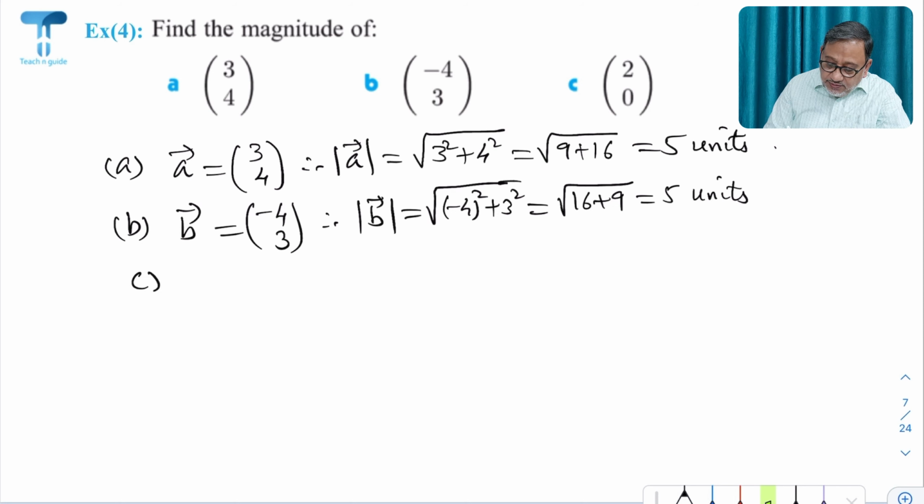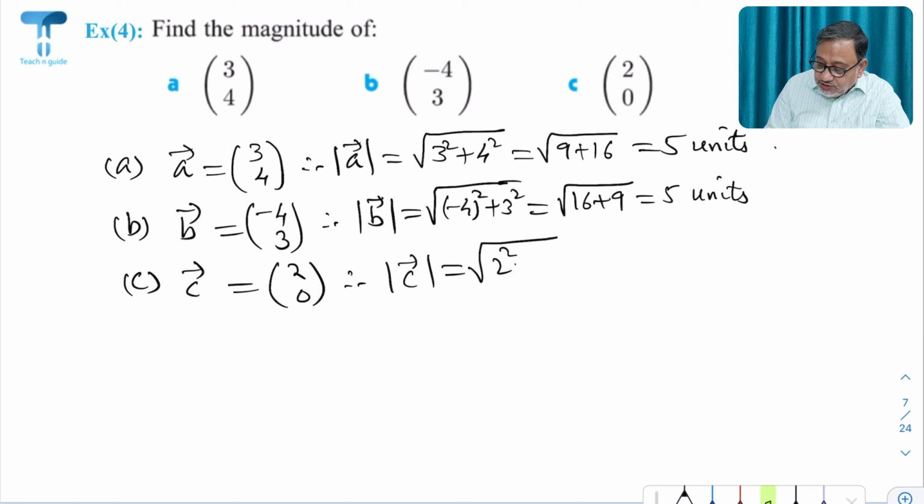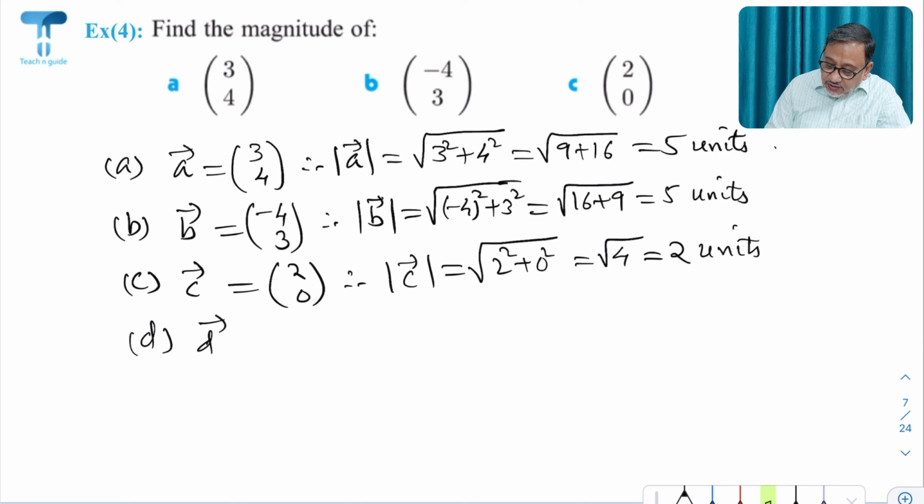Then a vector c given as 2 and 0. So therefore magnitude of vector c will be square root of 2 square plus 0 square, which will be square root of 4, means 2 units. And in the same way vector d, which is negative 2 and 2.